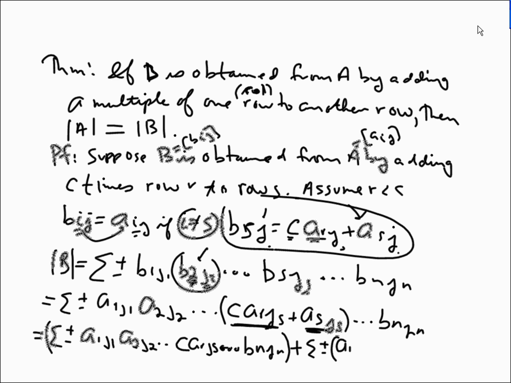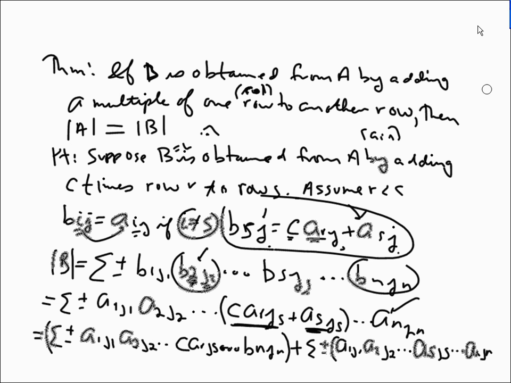That is, I get A1J1, A2J2 up to ASJS up to ANJN, and of course that's a typo because as long as I'm not in row S, BNJN is ANJN. Okay. Obviously I need more space, so we'll come to the top.